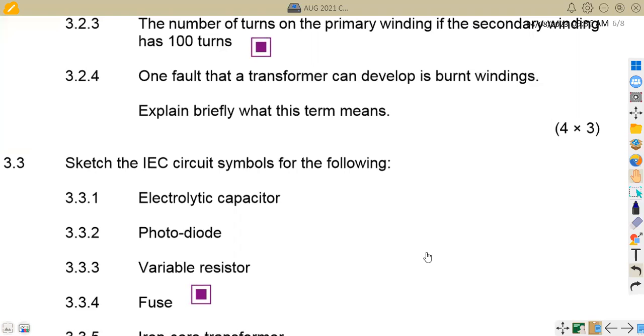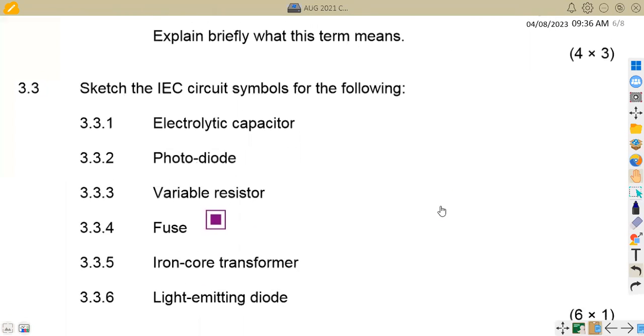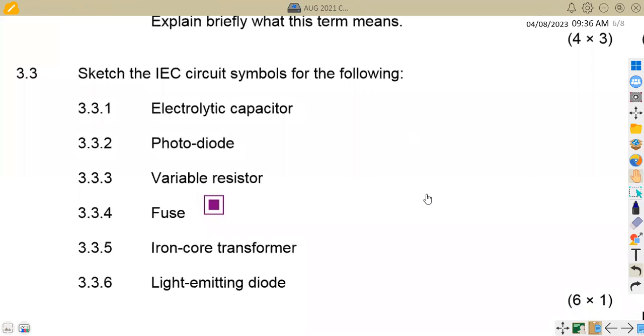On this part, we are now given on 3.3 to sketch the electronic circuit symbols of the following: an electrolytic capacitor, photodiode, and so forth. All right, so we are given to give the sketches of these ones.